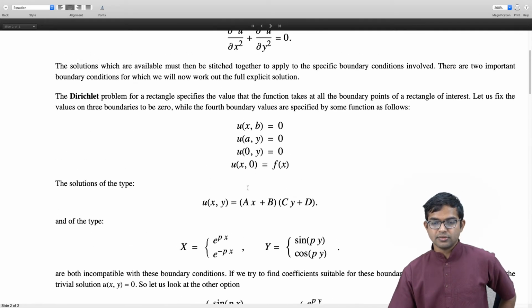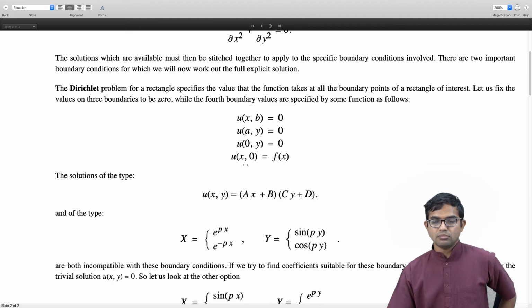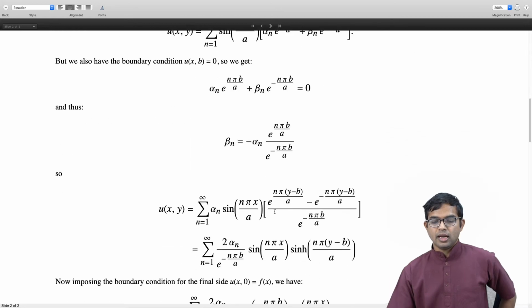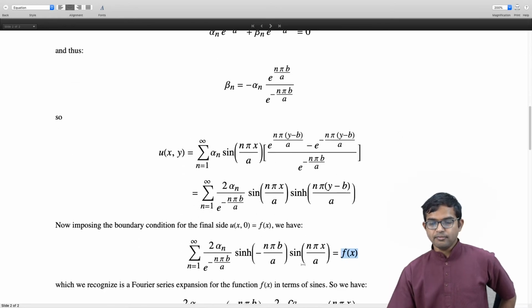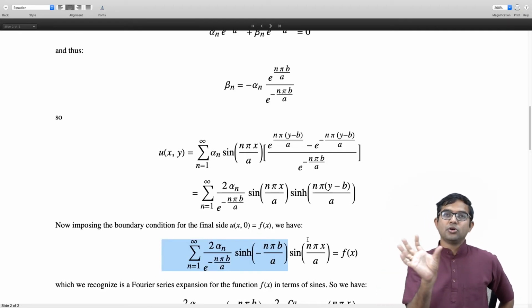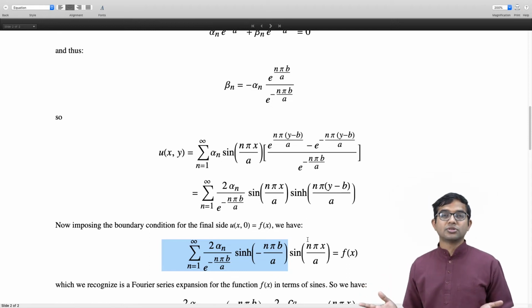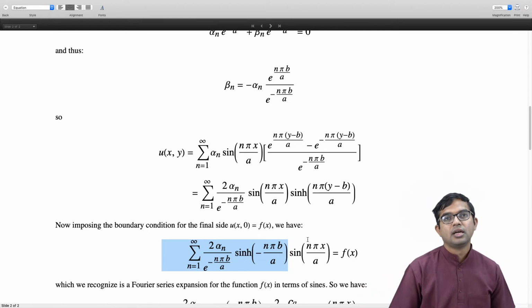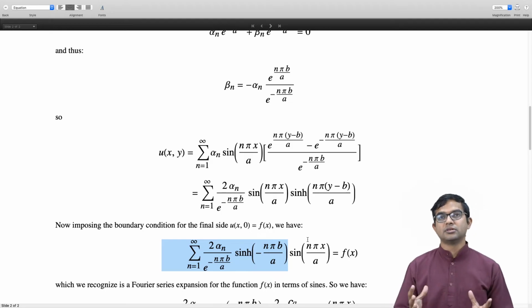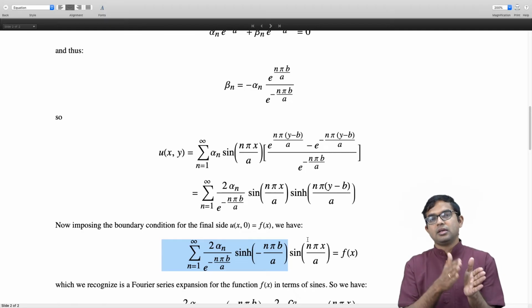So f of x is defined in the interval x from 0 to a, and therefore it is being written in terms of sines. If you are given just a function from 0 to a, it can be expressed in terms of sines or cosines. So this is really a Fourier series expansion of a function defined in the interval from 0 to a.